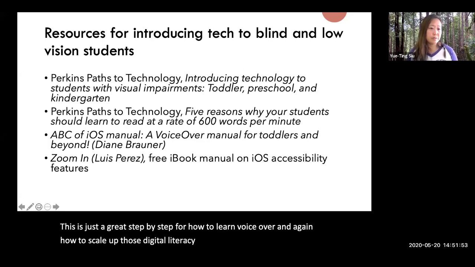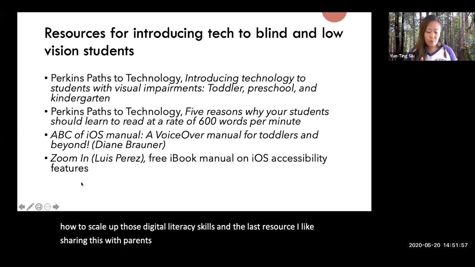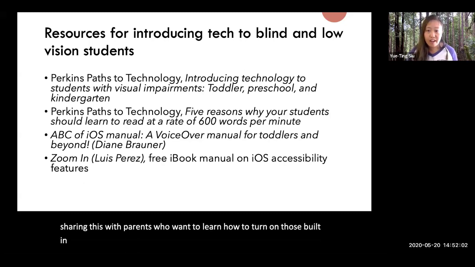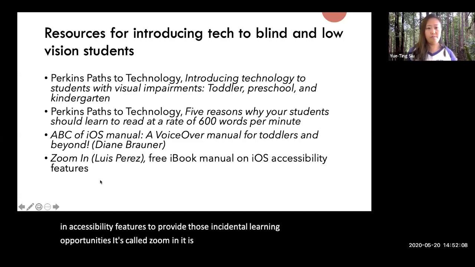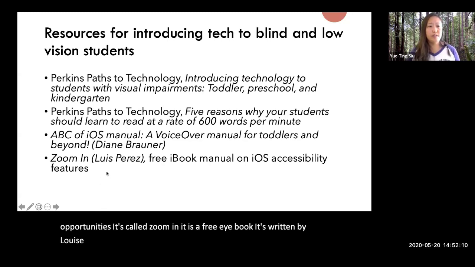And the last resource, I like sharing this with parents who want to learn how to turn on those built-in accessibility features to provide those incidental learning opportunities. It's called Zoom In. It is a free iBook. It's written by Luis Perez. Luis is also part of the CAST organization, so he does lots of work on universal design for learning.